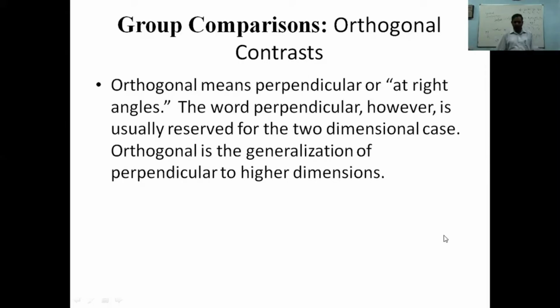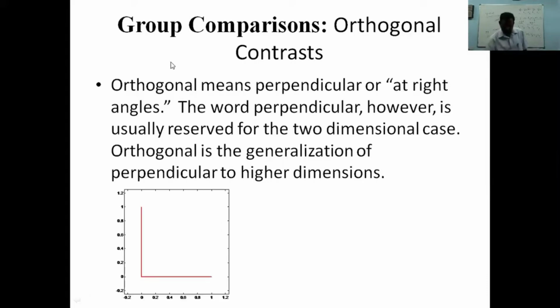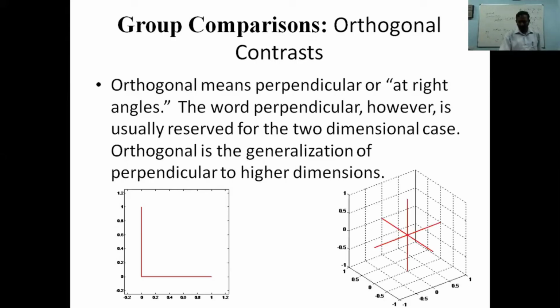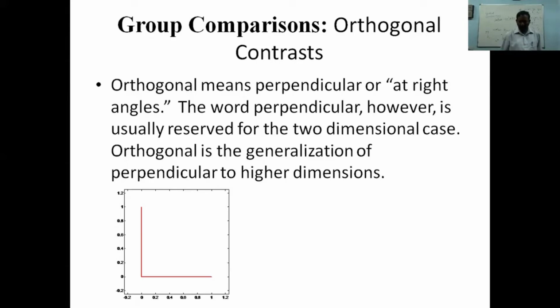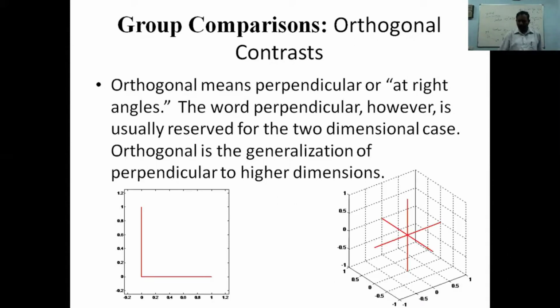Orthogonal is a generalization of perpendicular to higher dimensions. These two axes are orthogonal. This is a 2-dimensional one, no problem. But if you have 3, 4, 5 dimensions, it is very difficult to draw an orthogonal diagram.